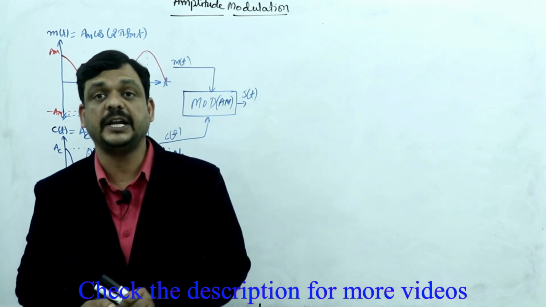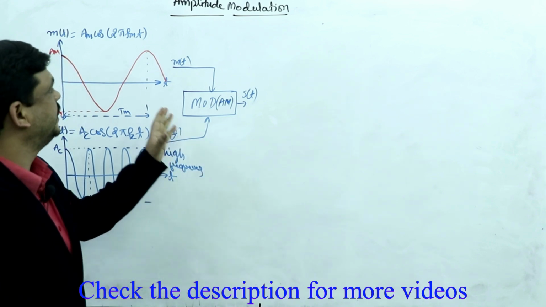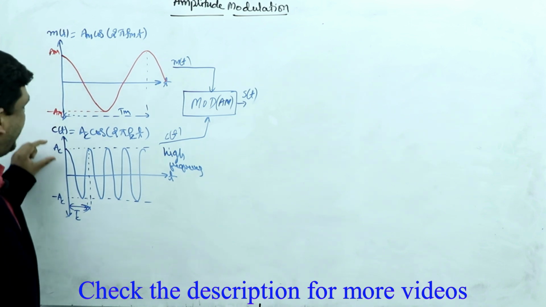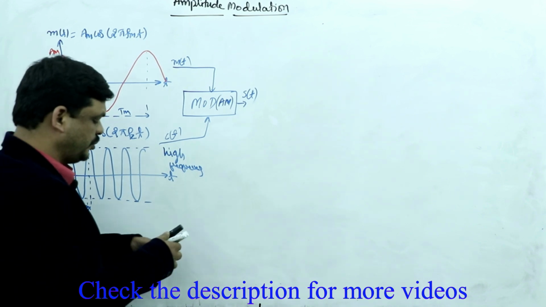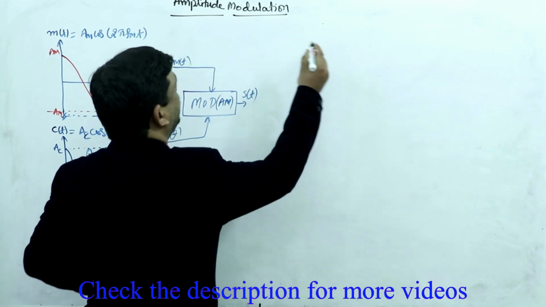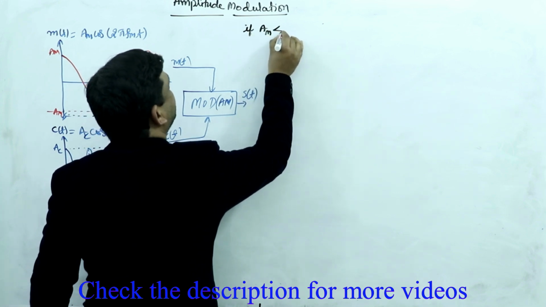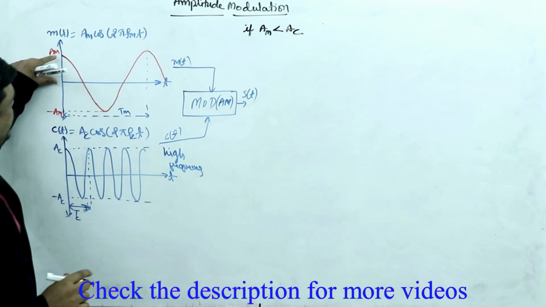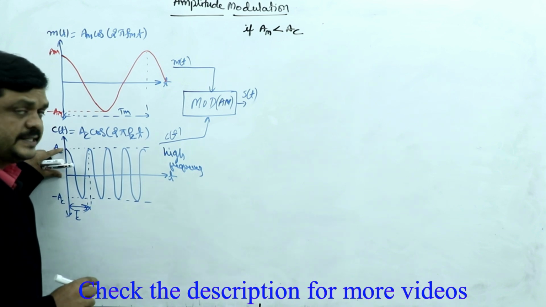Now we have to draw the graphical representation of the modulated signal. To do that, first of all I am assuming the maximum amplitude of the modulating signal is AM and the maximum amplitude of the carrier signal is AC.